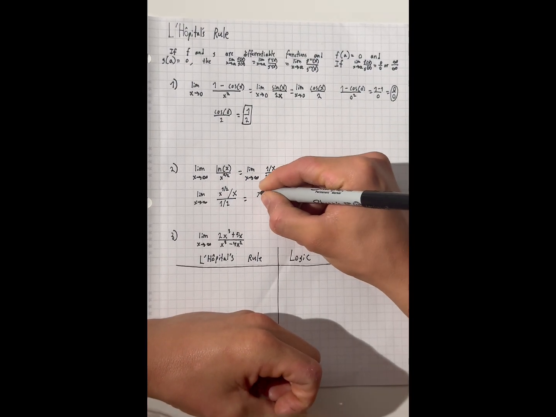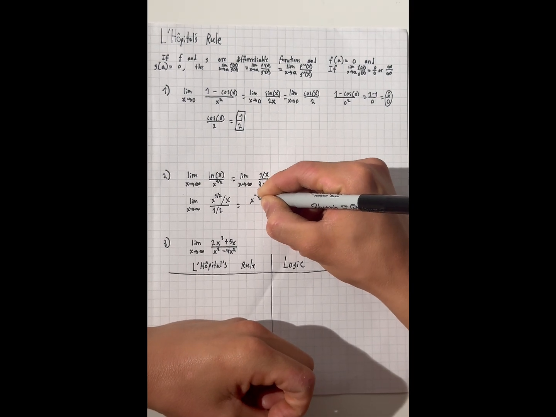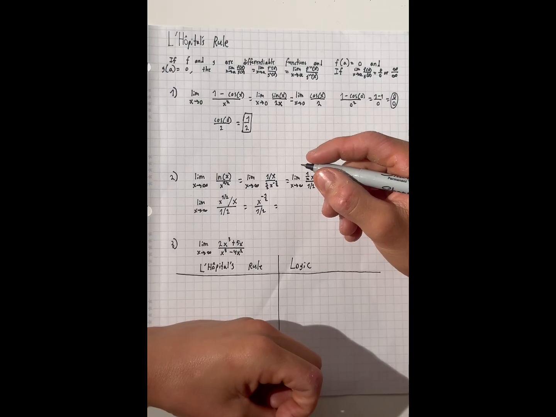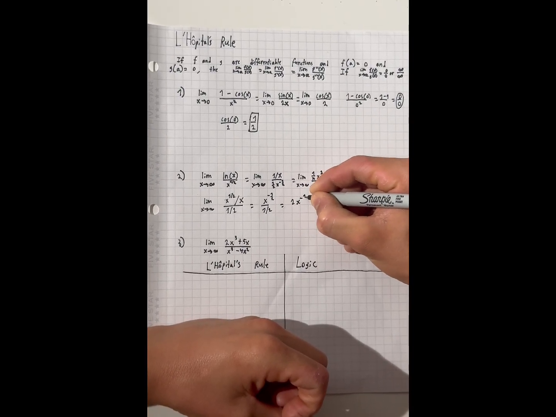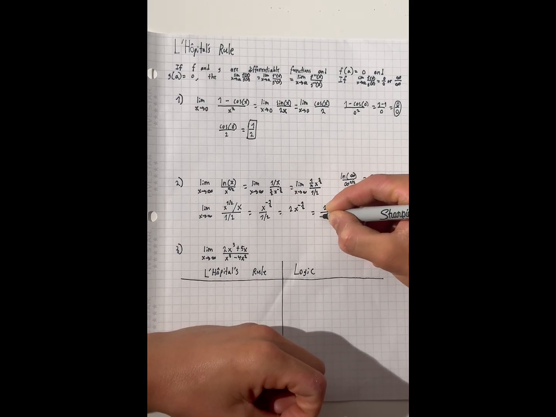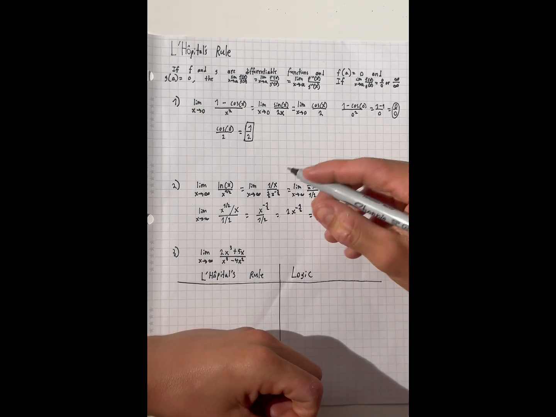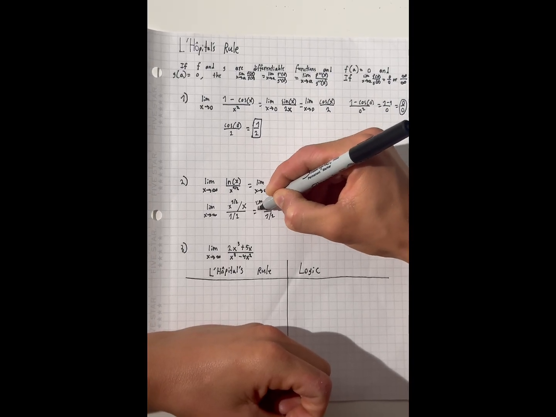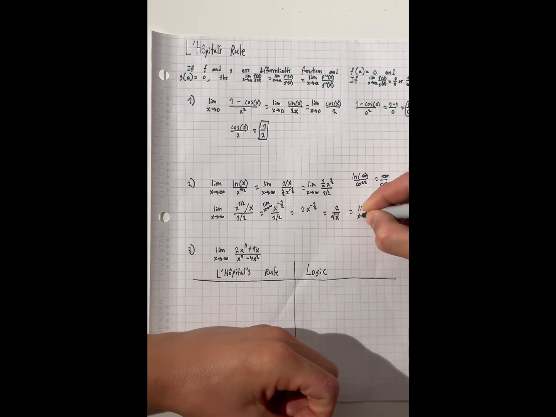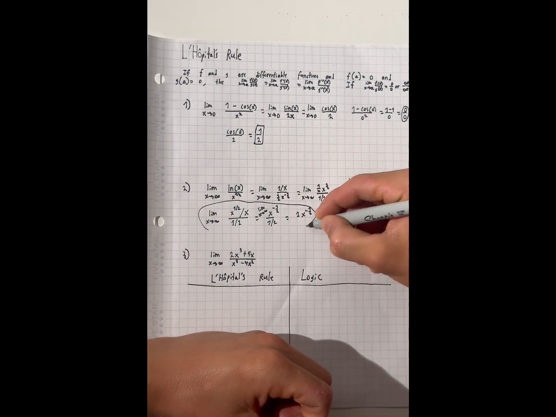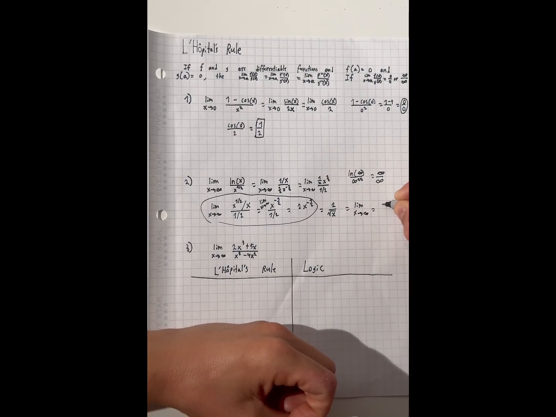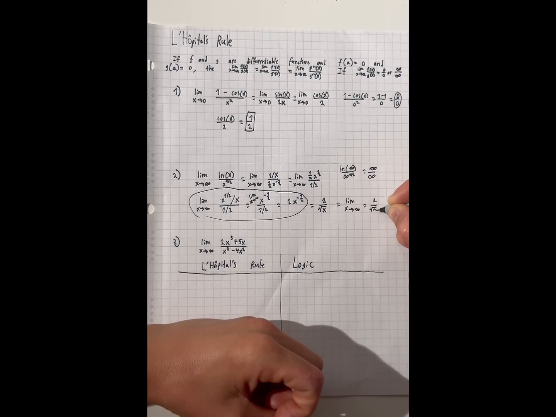Okay, so we're going to get x to the power of negative 1 over 2 over 1 over 2, which is just equal to 2x to the negative 1/2, which is just equal to 2 over square root of x. I accidentally dropped the limit statement, but it's okay. All of this in between is just simplification that you could have done in your head. But in the end, we ended up with 2 over square root of x.